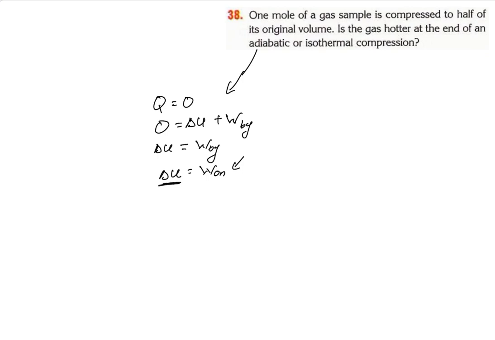So in an ideal gas, it results in an increase of temperature. But for the isothermal process, temperature stays constant. So the answer is the gas gets hotter at the end of the adiabatic process.